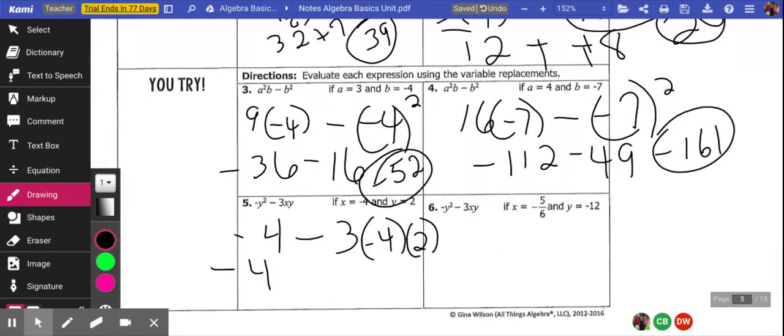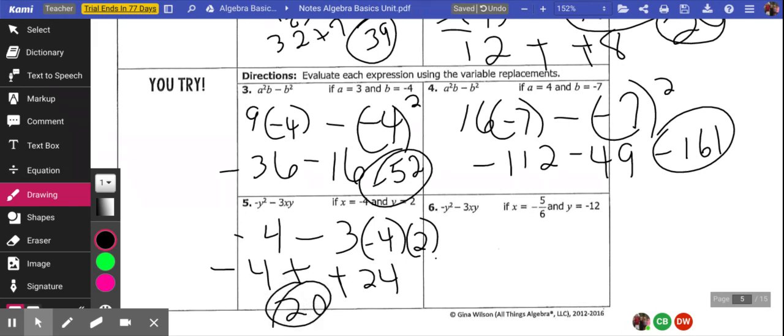I've just developed a habit of bringing that down and looking at that as a 3. So I do 3 times 2 is 6, and then times -4 is -24. Then I add the opposite, so I have -4 plus 24, which makes it 20.